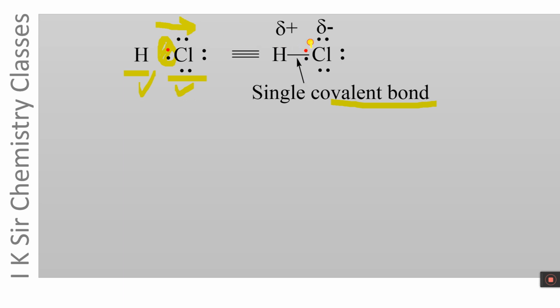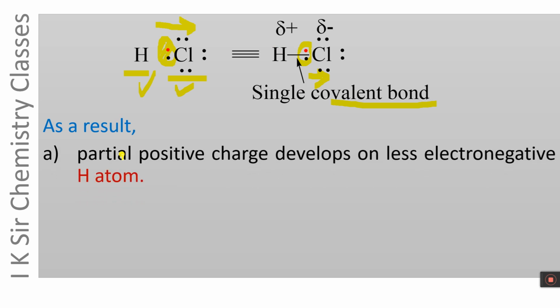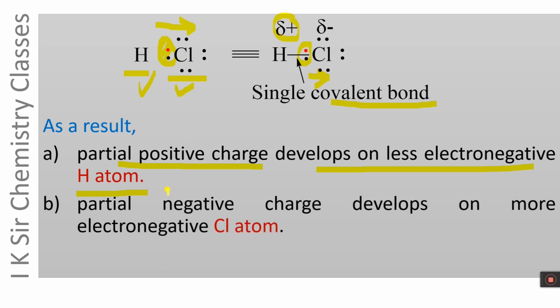As a result, partial positive charge develops on less electronegative hydrogen atom, and partial negative charge develops on more electronegative Cl atom.